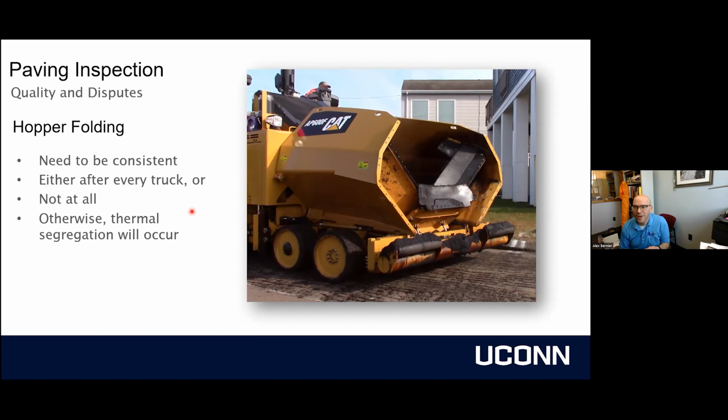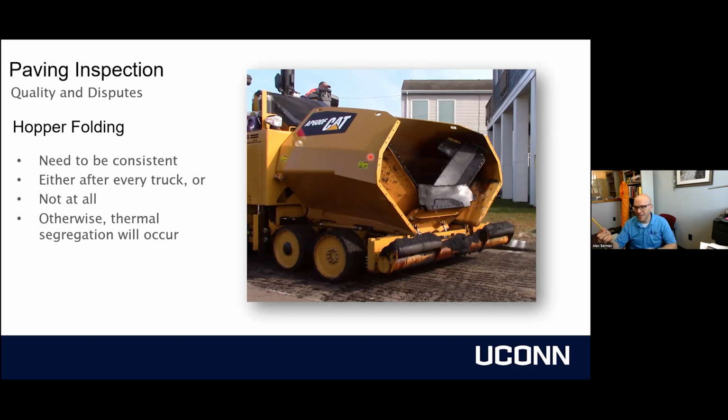So there are other ways we're going to cause problems with segregation in our mix. The first one is with folding the hopper. In the case of not using a material transfer vehicle, when you've got the hopper on the paver receiving material from a truck, it can fold its wings in to help that material make its way into the slats. And in and of itself, this isn't a bad thing, but it has to be done after every single load. And you can see why that becomes a problem.